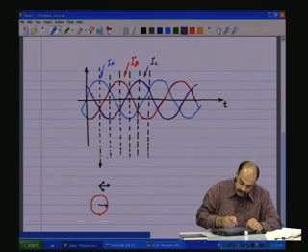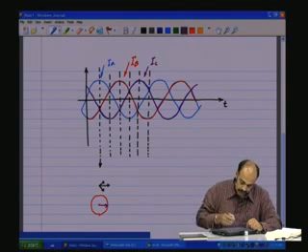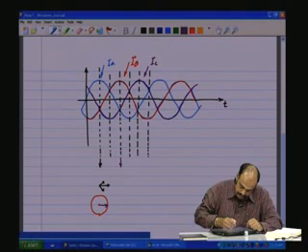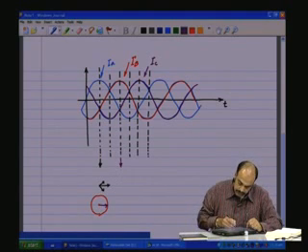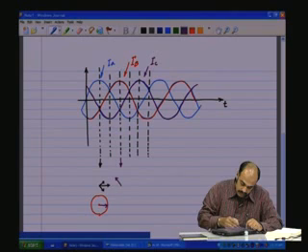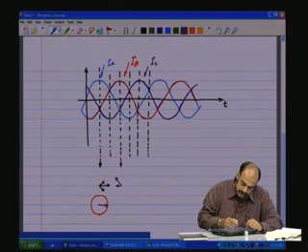Now if we consider this point here, you have B as maximum positive, so I will put it as maximum positive here. A is negative half, and you also have C which is negative half.